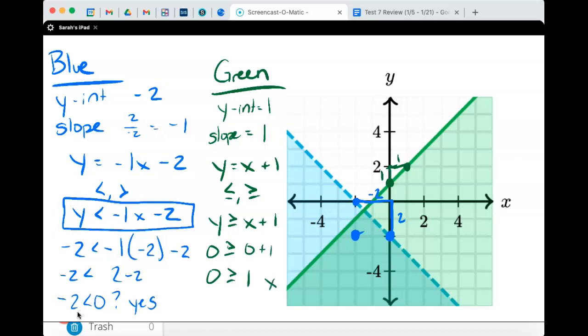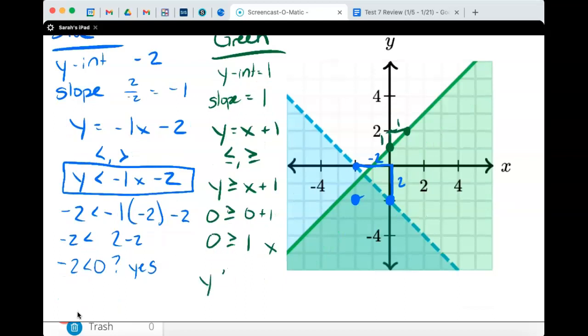That's false, so that tells me I need to flip my inequality symbol around. Instead, it should be y less than or equal to x plus 1, because this one did not work. Does that make sense? Okay, so there are my 2 lines, and I'm done with that.